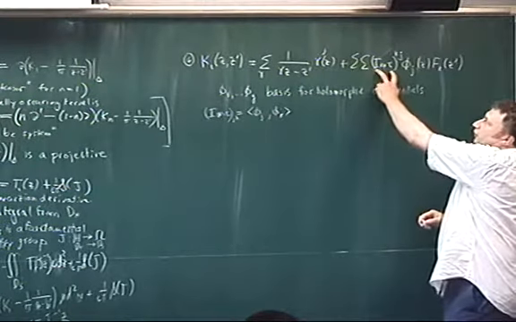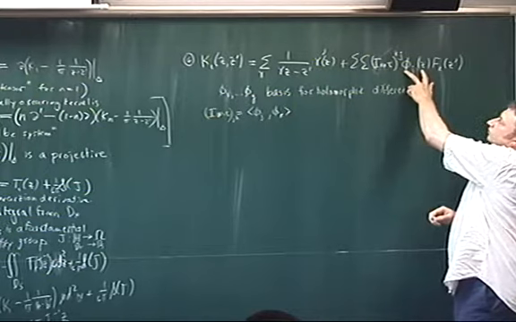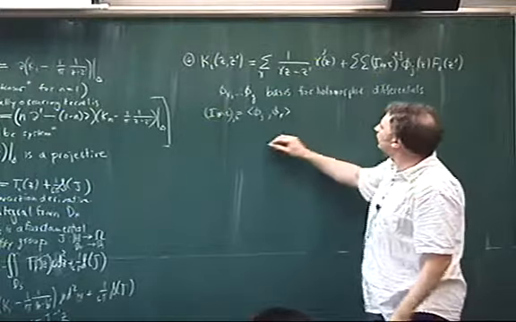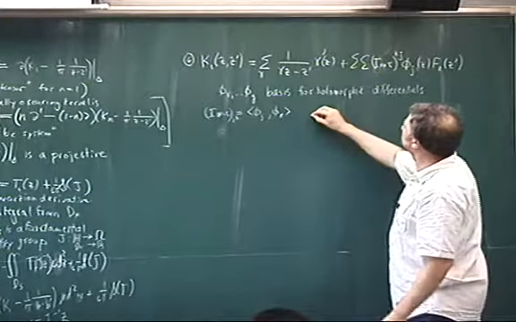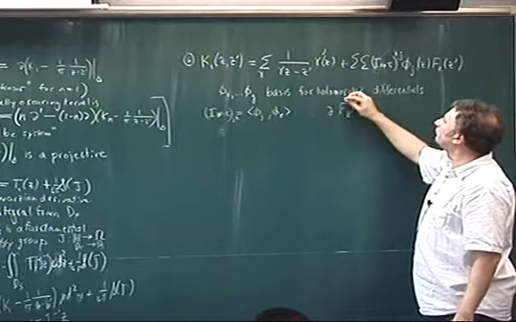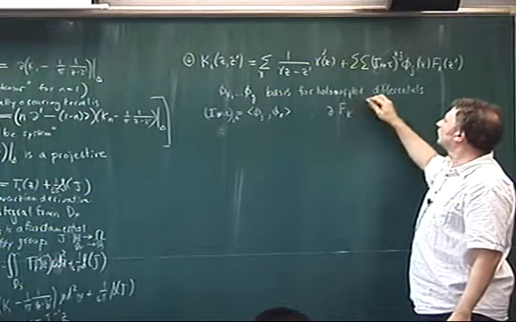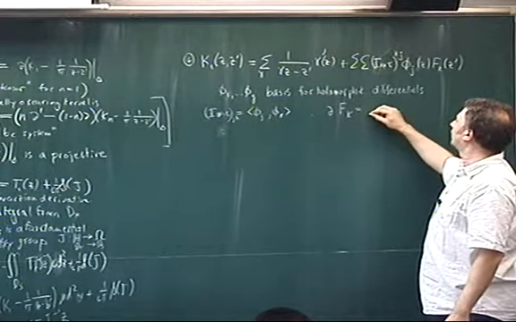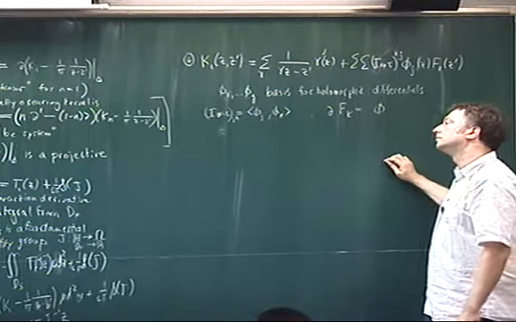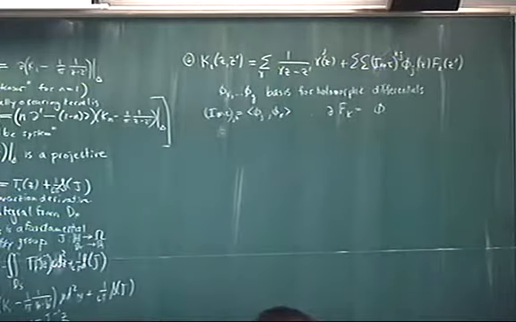So this is the inverse transpose times the phi z's, and the fk is the integral, but I need a bar.